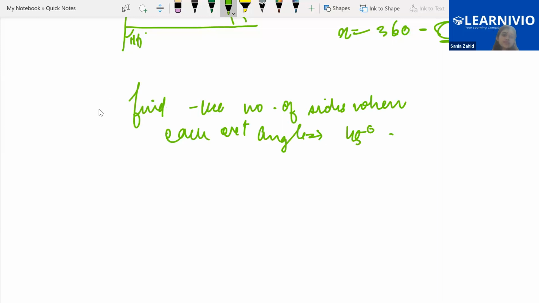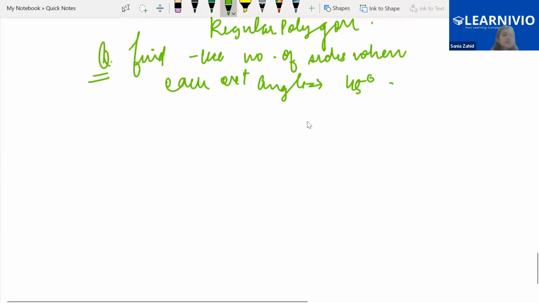So basically, when there is a regular polygon given to you, if the number of sides are asked, then you will divide 360 by the exterior angle. The exterior angle is 45. So you will get the number of sides.